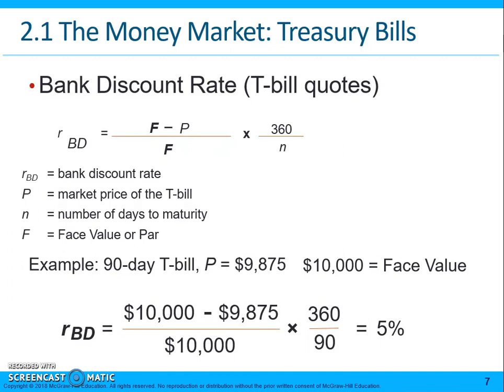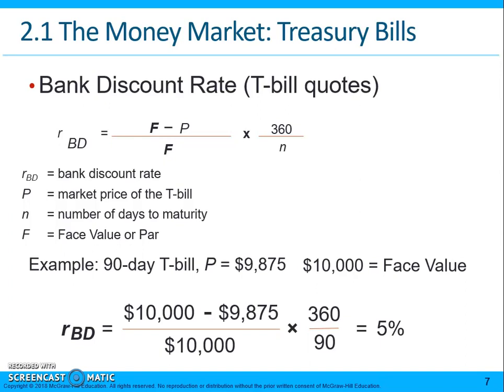The face value is also referred to as par. I use F instead of P here and use P for price. So R_BD equals face minus price, divided by face, times 360 divided by N, the number of days to maturity.